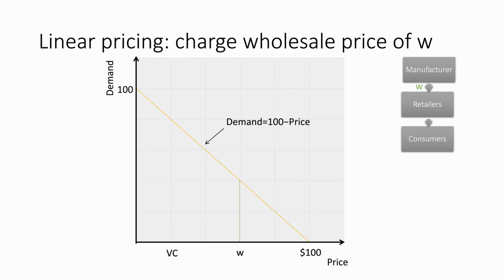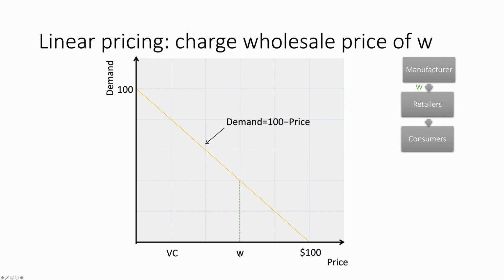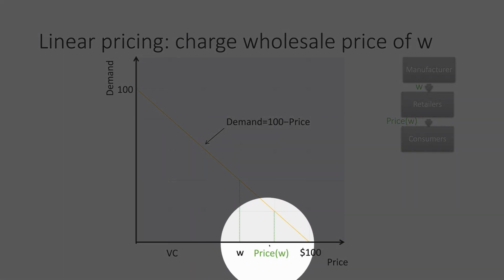The key here is to realize that the wholesale price W is actually the variable cost for the retailer, because the retailer buys the product at W. Again, W is the cost for the retailer. Given that, we have gone through this exercise: the retailer would sell the product to the consumers at a price that is influenced by the wholesale price W. And what is the optimal price here?